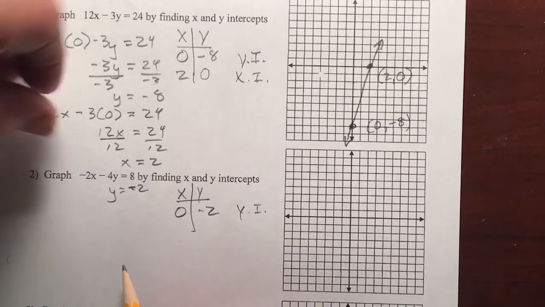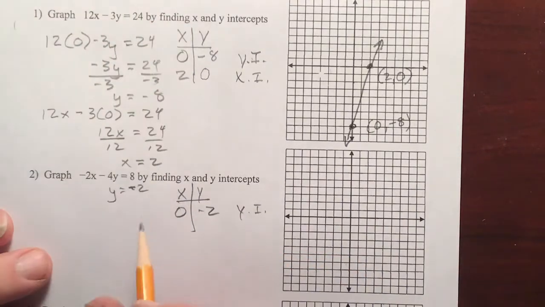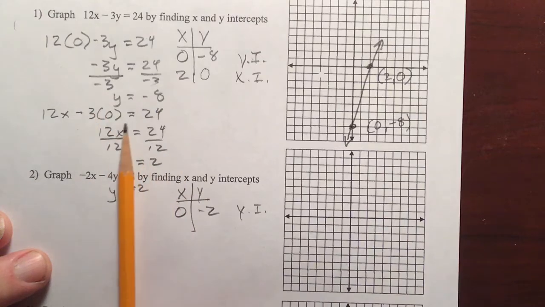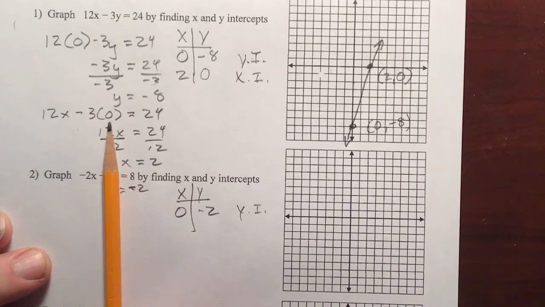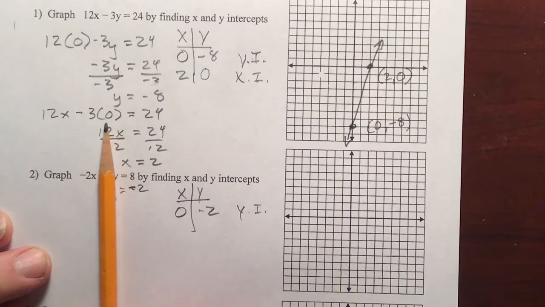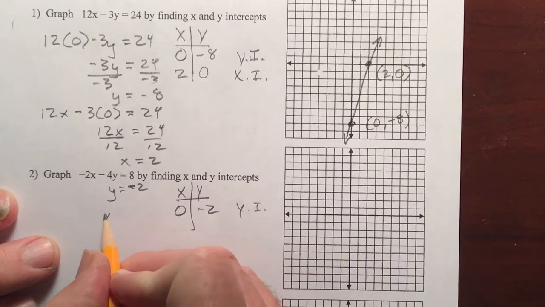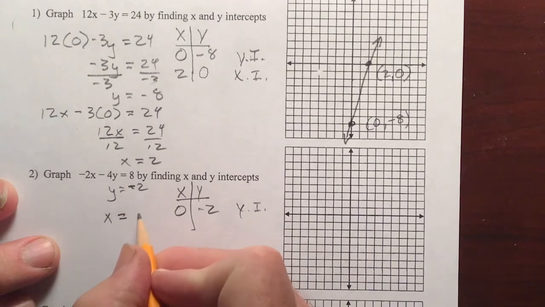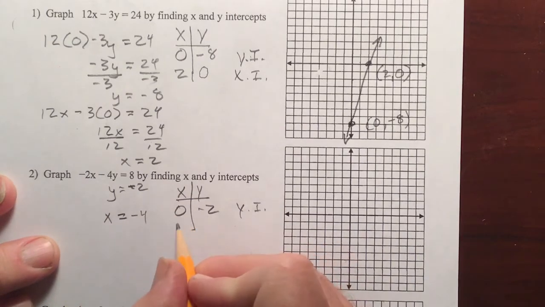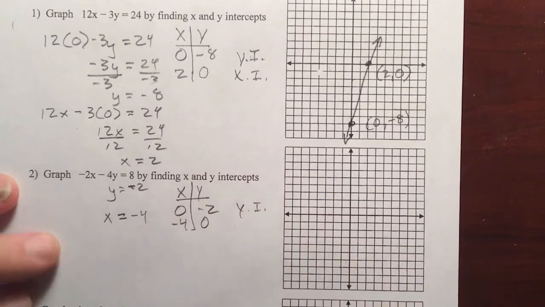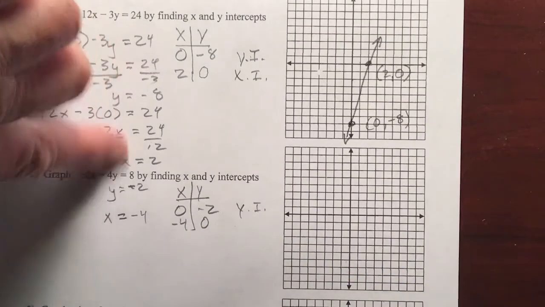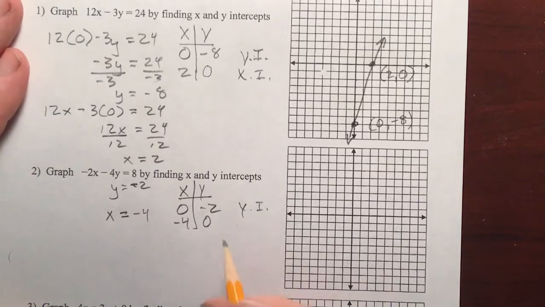Then you just turn around and put your finger over the negative 4y. Now you've got negative 2x is equal to 8. Divide both sides by negative 2, and you get x is equal to negative 4. So we've got negative 4 and 0. I've got a big finger, so it won't work over here, but you get the idea.